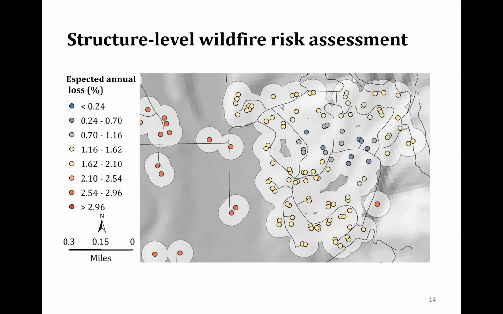So this analysis captures really accurately for every structure on the landscape the expected annual loss. These values change a little bit because this is the result from the very first assessment, and the last update provided some lower values, but the pattern that this figure is showing is the same. And this is capturing really accurately how the risk is changing from house to house.